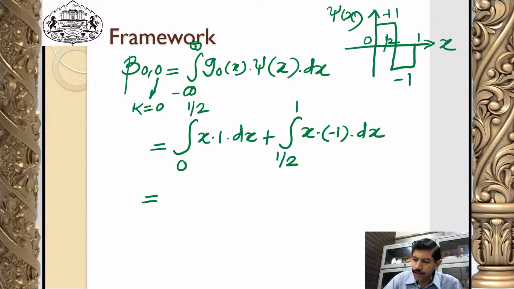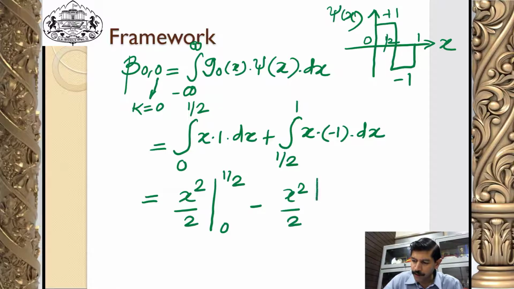For this first part it will be x square upon 2, and it will run from 0 to half. And now I can take out this minus sign outside, and we can say that this will be x square upon 2 once again over the range from half to 1.